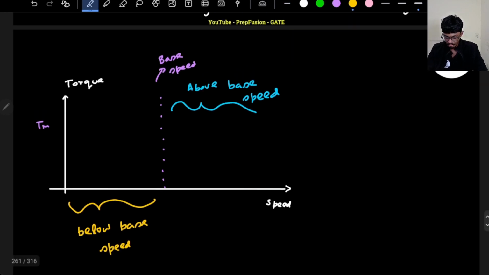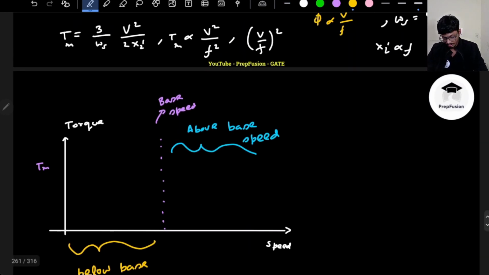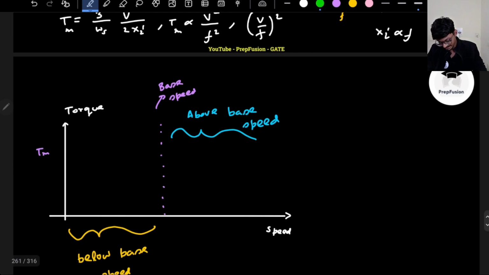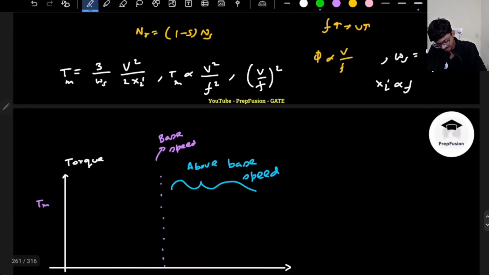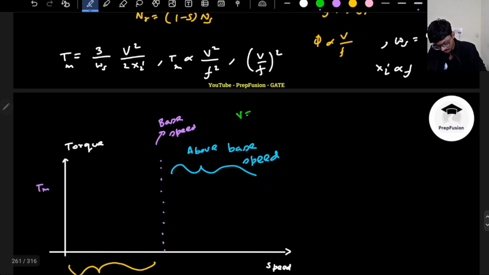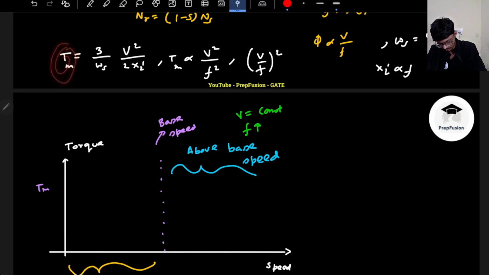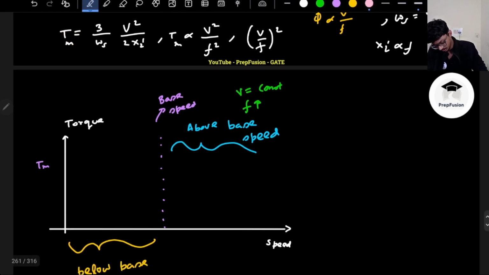Now what I can say is, if I am above base speed, voltage will be constant, I cannot increase the voltage, that will damage the machine, but frequency will increase. If frequency is increasing, what is happening to the maximum torque? Maximum torque is reducing. So this is my standard speed torque characteristics.